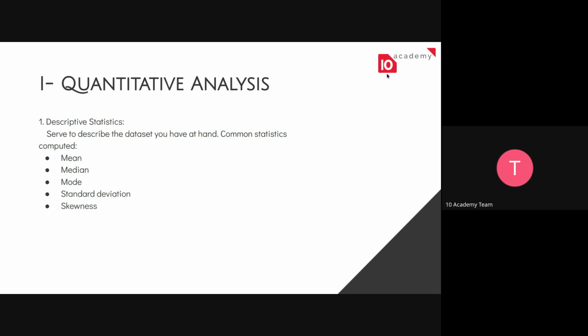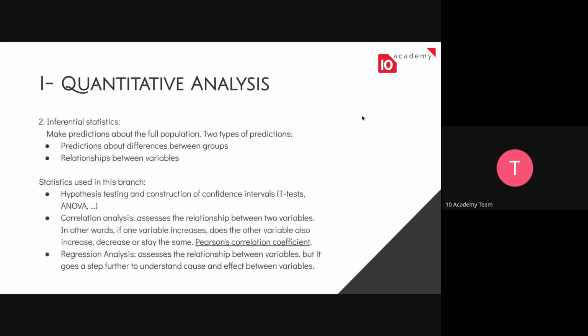Inferential statistics, on the other hand, is about making predictions about the full population, as I said before. And there are different types of analysis here. You have hypothesis testing and construction of confidence intervals. These are more complicated stuff.